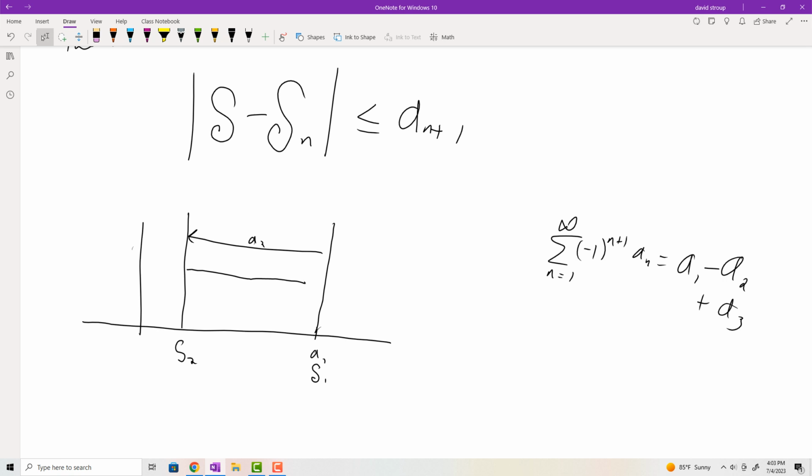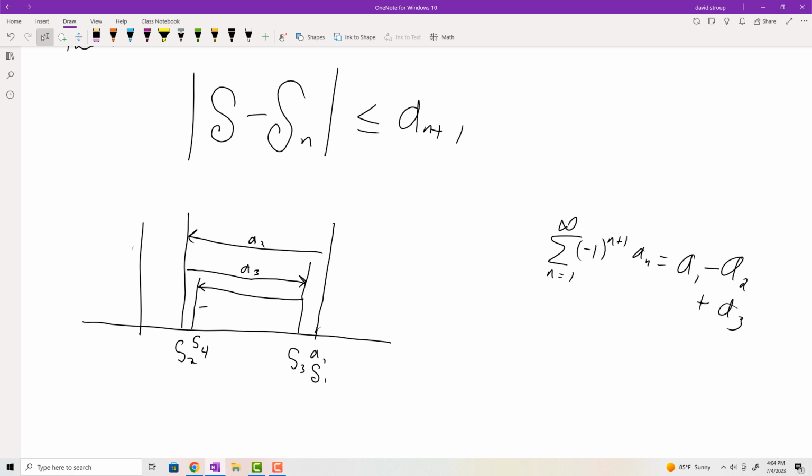So it's bounded above by a sub 1, and the sums are within 2 consecutive partial sums. The landing place is in there. So with a sub 3, you go back to the right, and that'll be s sub 3. And then a sub 4, you go back over here, and you're right here, and so on and so forth.